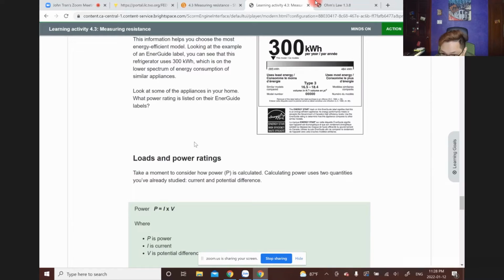Loads and power rating. Take a moment to consider how power is calculated. Power is calculated using two quantities, current and potential difference.